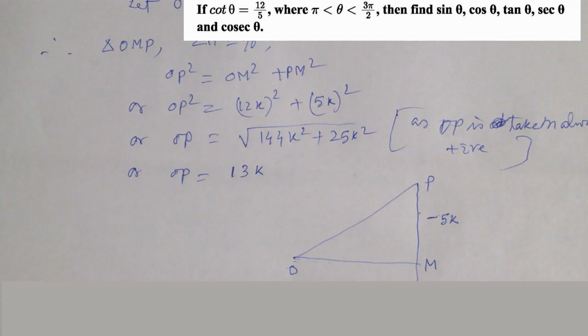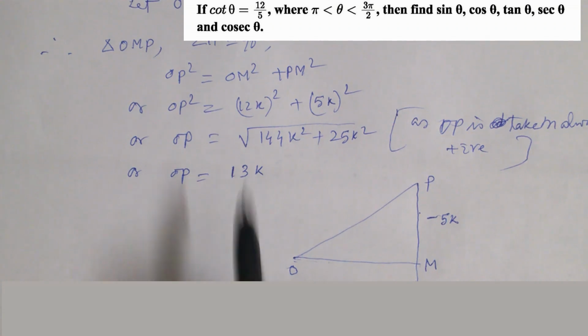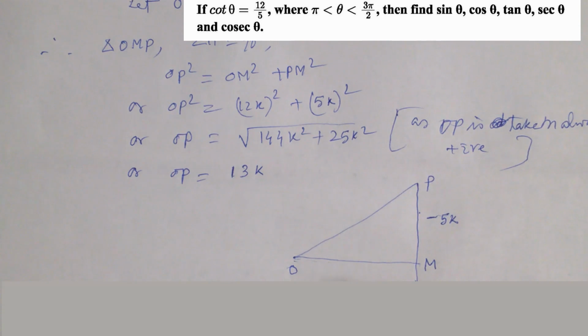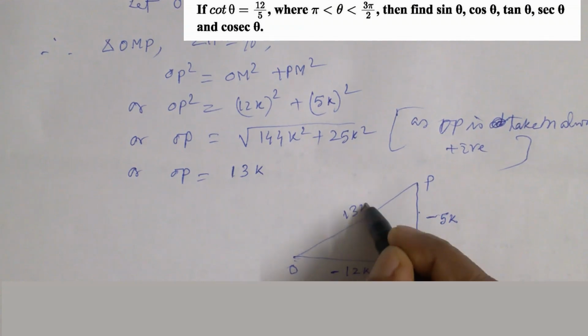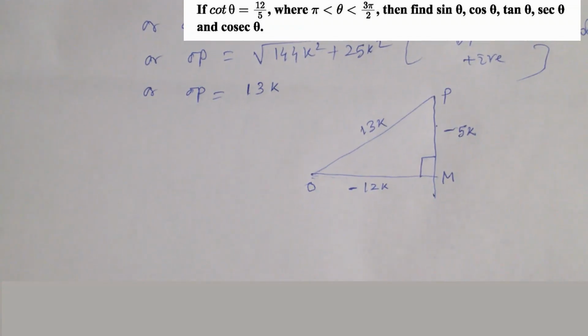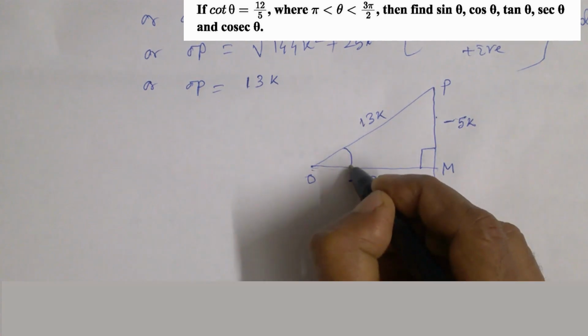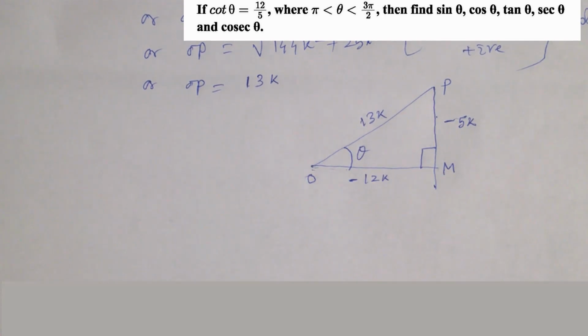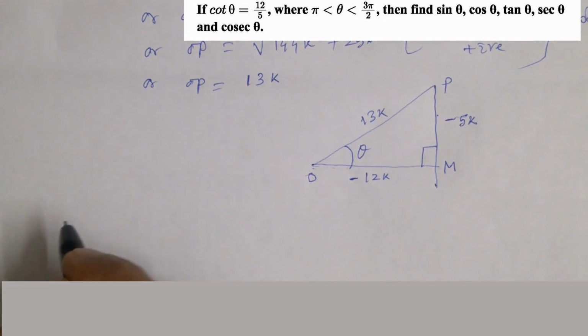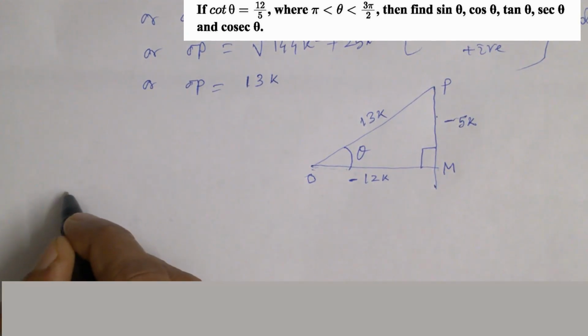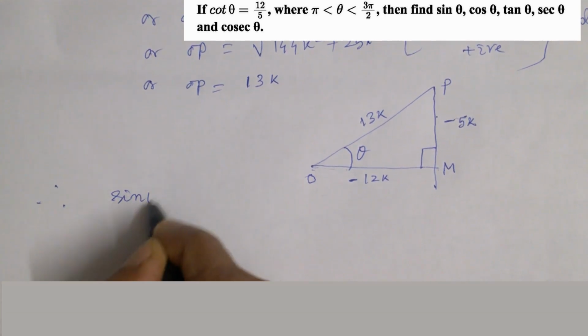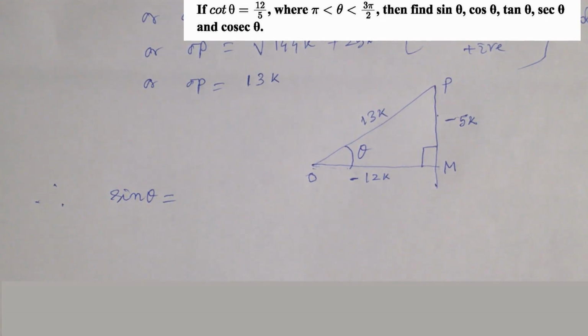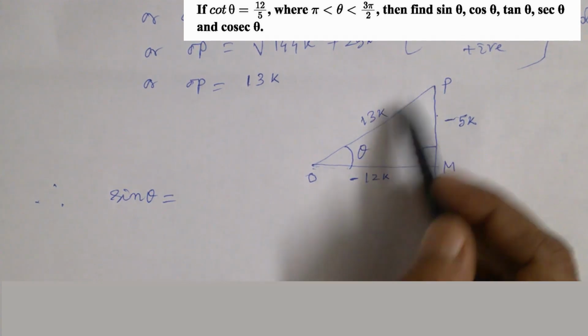OM's value is 12K, which is also negative. This is the right angle. OP is always positive, 13K, and this angle is theta. Now sin theta.